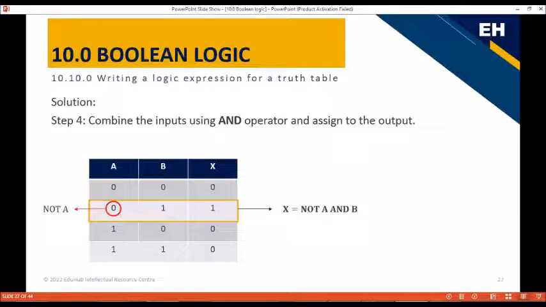So originally we have 0 for A. In order to make A to be 1, we have to make use of the NOT gate to reverse the input of A. So having done that, NOT A at this point becomes 1. So 1 and 1 gives us 1. So in that case, our expression now changes to X equals NOT A and B. So that is what we have at this level.